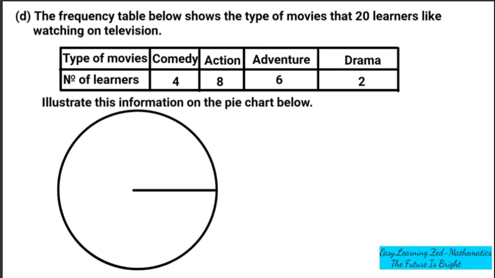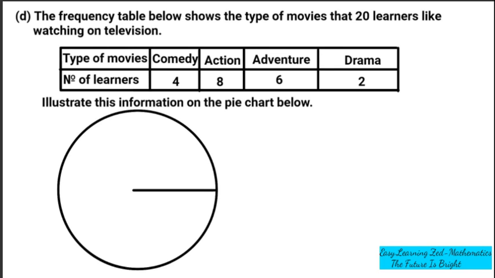It has got a lot of learners that enjoy action movies, and that's a reality. You can see that there are 4 learners who like comedy, 8 learners who like action movies, 6 learners who like adventure movies, as well as 2 learners who like drama.